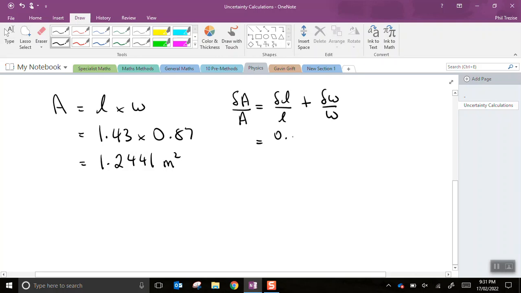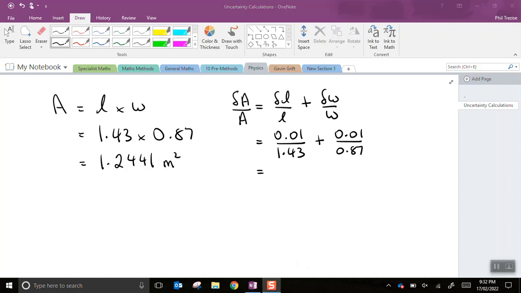So that was, remember, 0.01, and the length was 1.43, and the relative uncertainty in the width, 0.01 over 0.87. So we are always adding uncertainties together. Uncertainties always get bigger, not smaller, as a result of calculations. So I'll just figure those out.